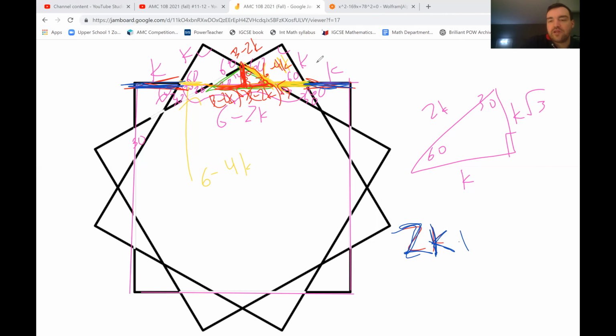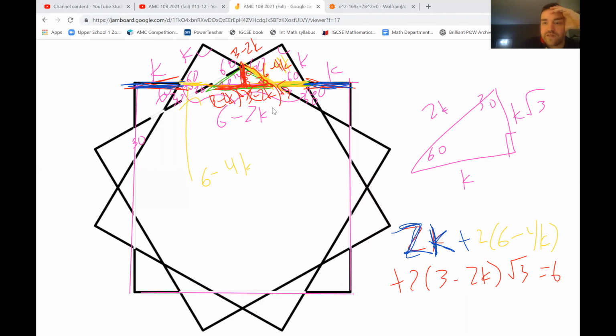Plus the yellow pieces, which we said are 6 minus 4k, so 2 times 6 minus 4k. Plus the red pieces, which are each 3 minus 2k times square root of 3, so 2 times 3 minus 2k square root 3. And that has to sum to 6, right?